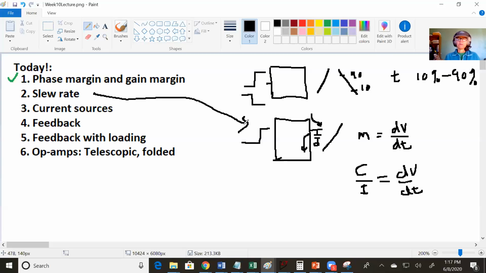Okay. So another thing you can find from the slew rate is how fast you can get an accurate output. Let's say you're putting a cosine as your input, and what you'd like to do is have that cosine come out on the other side.